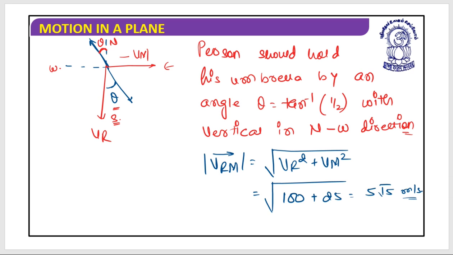That's it. Is it clear? Yes, the VRM, or the magnitude of the velocity of rain with respect to man, remains the same, but angle of an umbrella changes, because now in this situation a person is moving in this direction. Yes, so he should hold his umbrella like this.